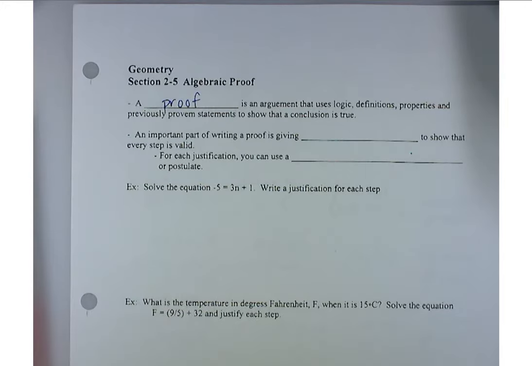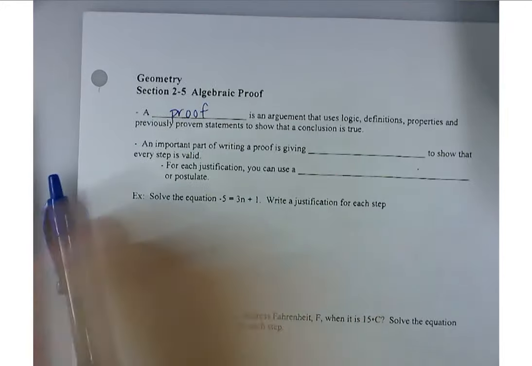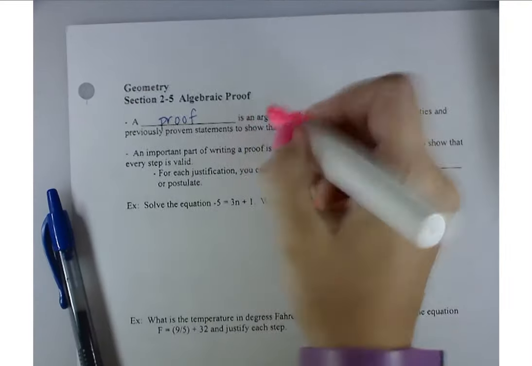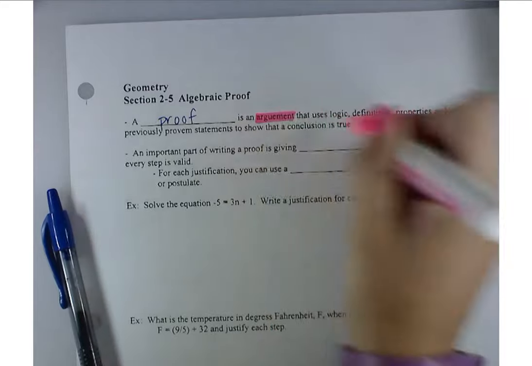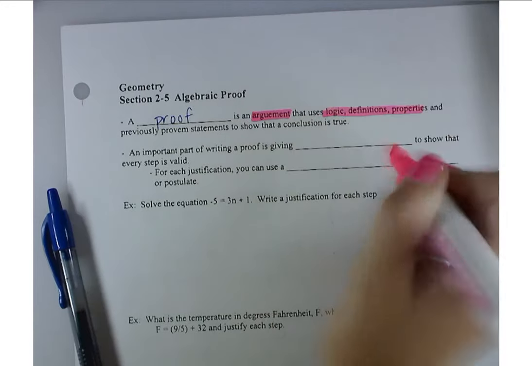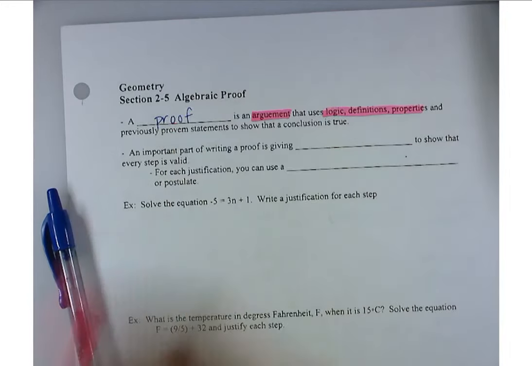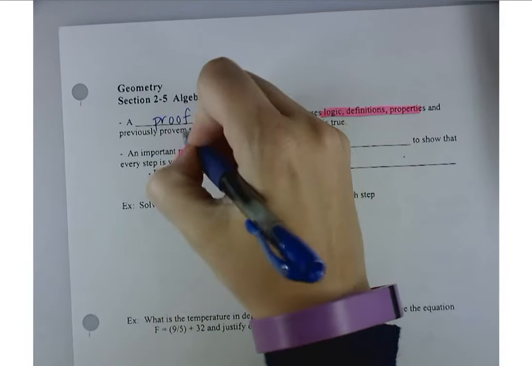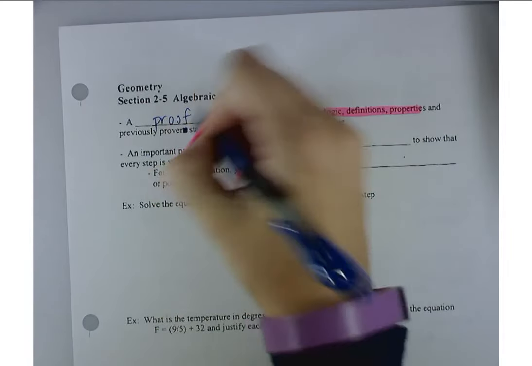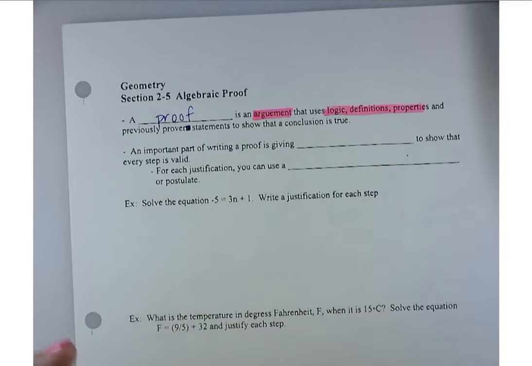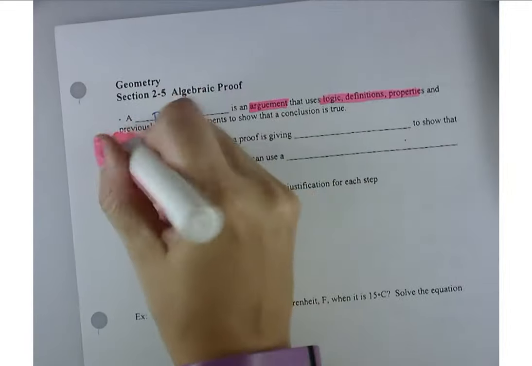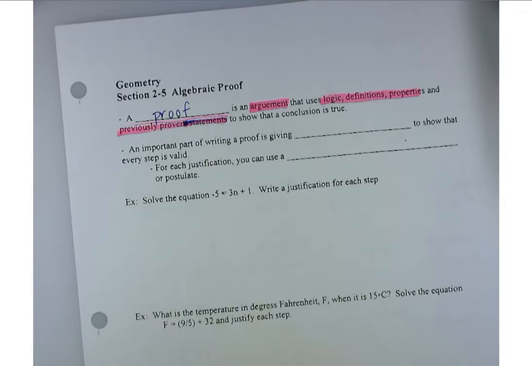A proof is an argument that uses logic, definitions, properties, and previously proven statements to show that a conclusion is true.